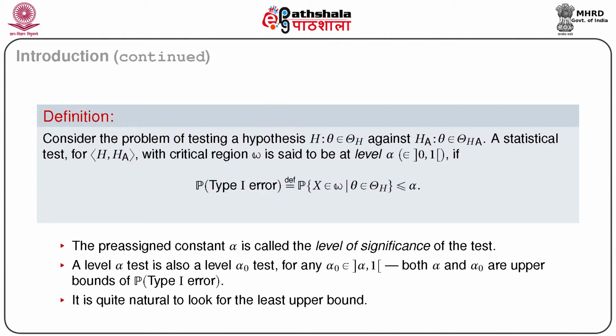Now we shall define the level of significance. A test with critical region omega is called a level alpha test, where alpha belonging to the interval 0-1, if probability x belongs to omega given theta belongs to script theta H is less than or equal to alpha, where alpha belonging to 0-1 is a pre-assigned quantity and it is called the level of significance of the test.